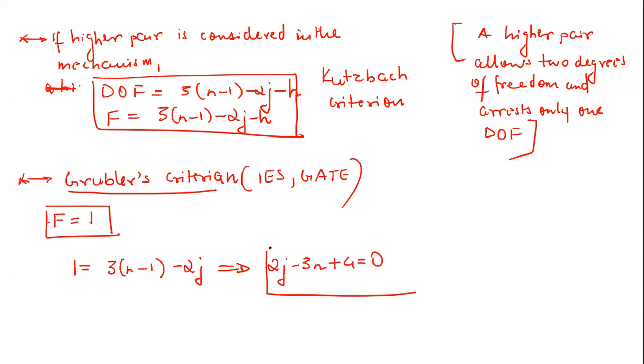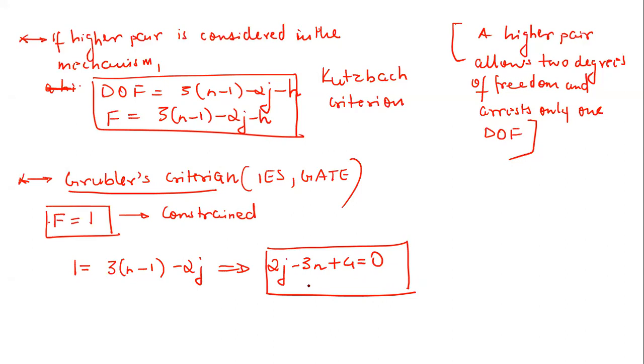So this formula you have to remember. If any mechanism satisfies this equation, or you can say Grubler's criteria, then generally we call that mechanism a constrained mechanism. Many times in GATE or in Indian Engineering Services examination, it is directly asked.